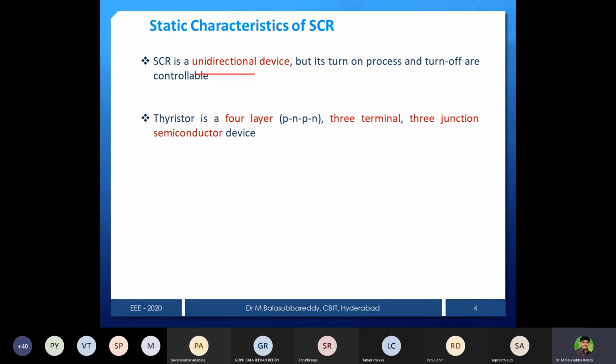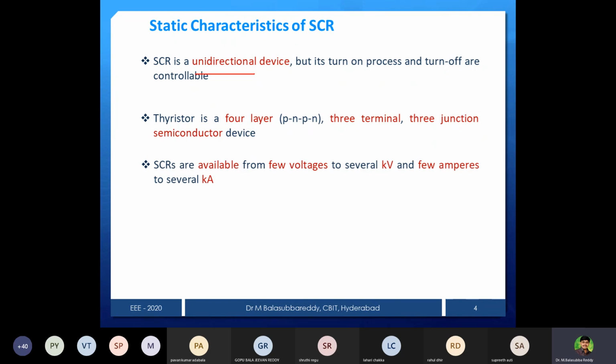And three junctions, J1, J2, J3, because when four layers are formed, between each layer there is one junction or depletion layer, which we call a junction. J1, J2, J3 are the three junctions. So a thyristor is defined as a four layer, three terminal, three junction semiconductor device. That is a simple sentence.